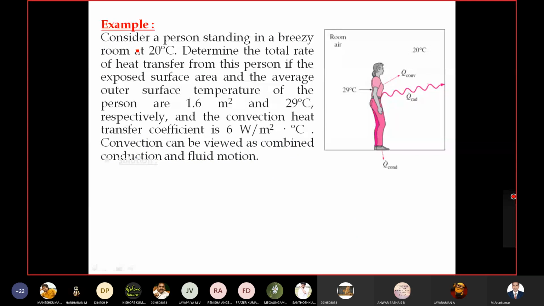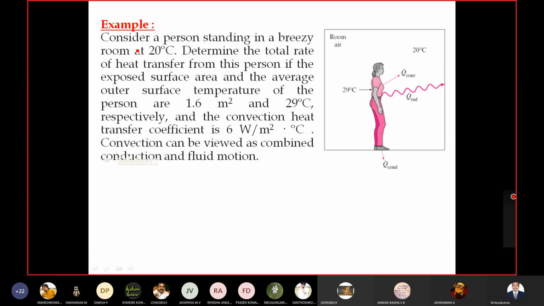Consider a person standing in a breezy room at 20 degrees Celsius. Determine the total rate of heat transfer from this person if the exposed surface area and the average outer surface temperature of the person are 1.6 meters square and 29 degrees Celsius.